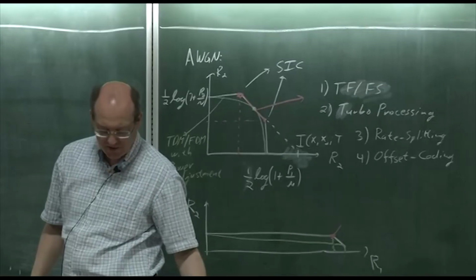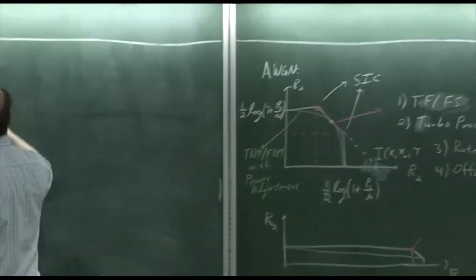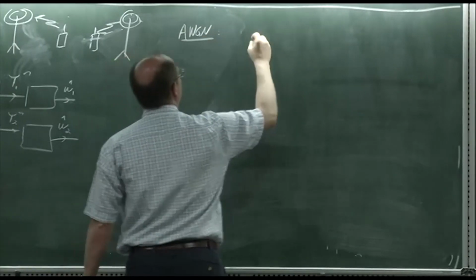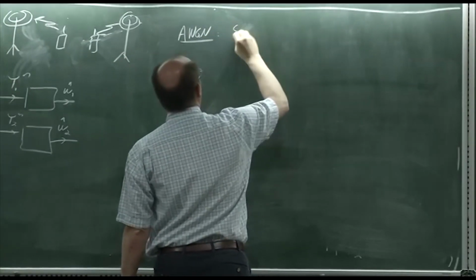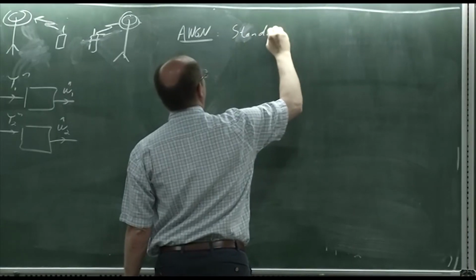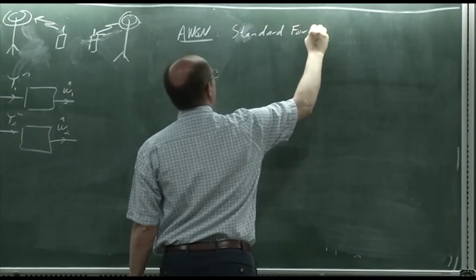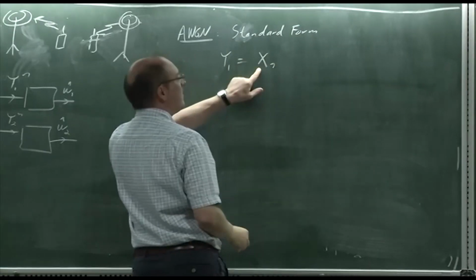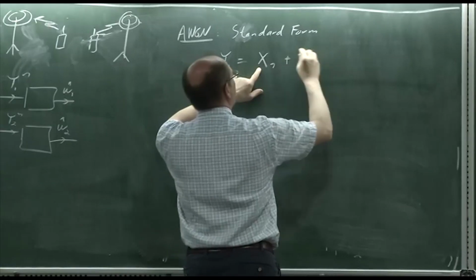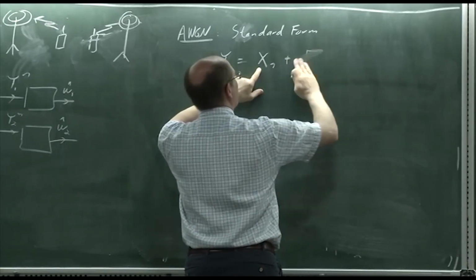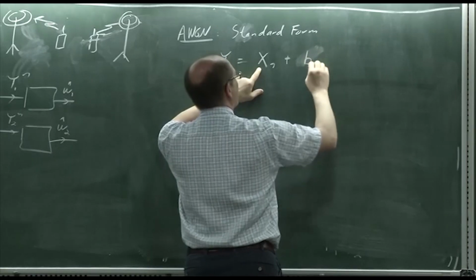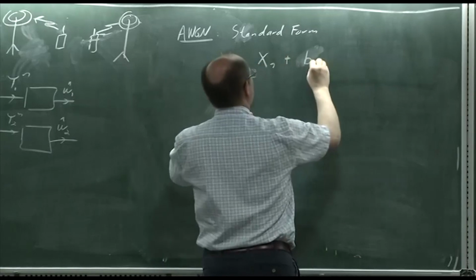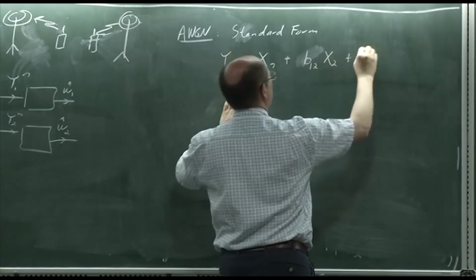And we focused primarily on the Gaussian case, so the additive white Gaussian noise channel. And we brought this channel into something called standard form, where we here have a unit gain on the first channel plus, I wrote it as a positive number. I guess we could just write it as a general number b just to be safe, because I'm not even sure now if I ever looked at that closely.